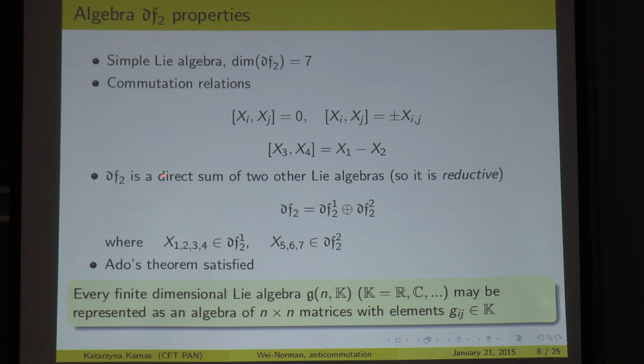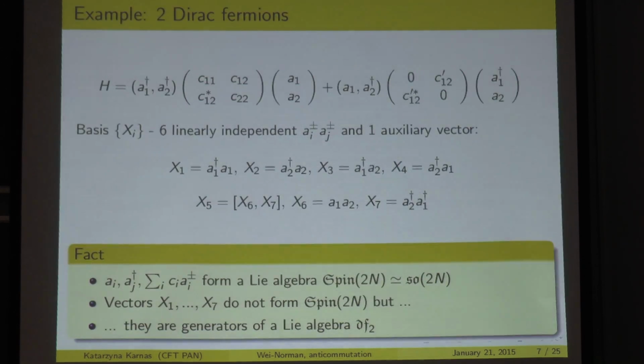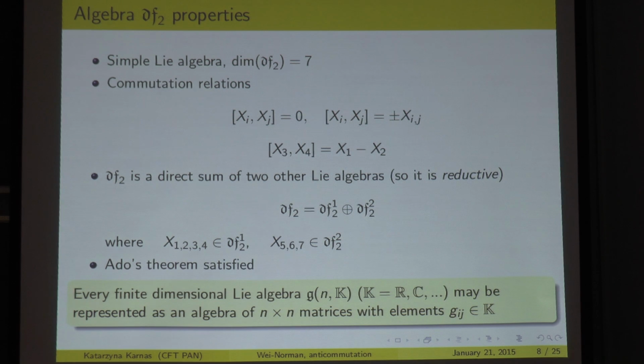This algebra is also a direct sum of two sub-algebras, so it's rather semi-simple than simple. Okay, that doesn't matter. The first four vectors, that means the vectors that conserve the number of particles, belong to the first subalgebra, and the vectors that do not conserve the number of particles belong to the second subalgebra.